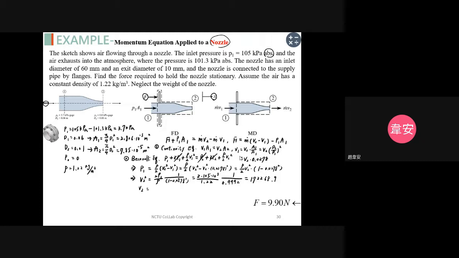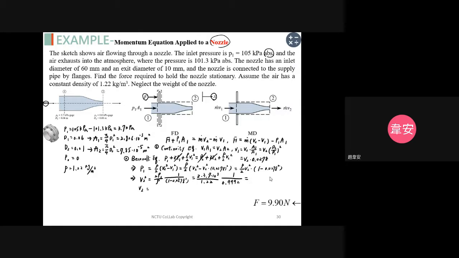So again, sorry, the 2 times pressure. The pressure is not the 105 because we need to put the gauge pressure. So here is 3.7. Okay, so we recalculate the values.